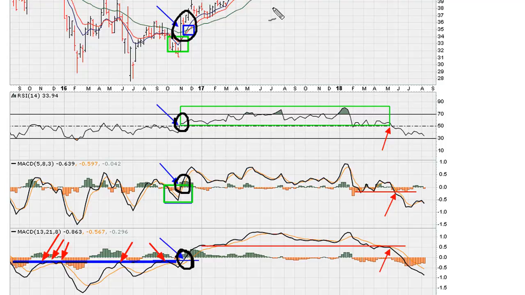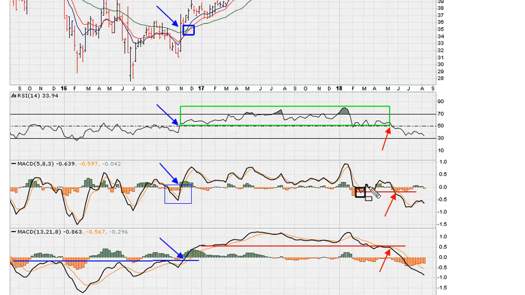Now we can see a similar situation where the MACD was finding support here, support, ultimately it comes back and breaks it. That's a change in the behavior. This also coincides with another area of the MACD, which is here, corresponding with this support zone.